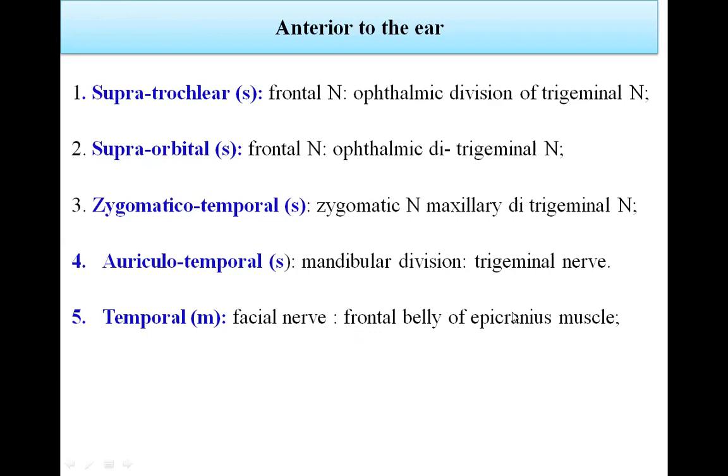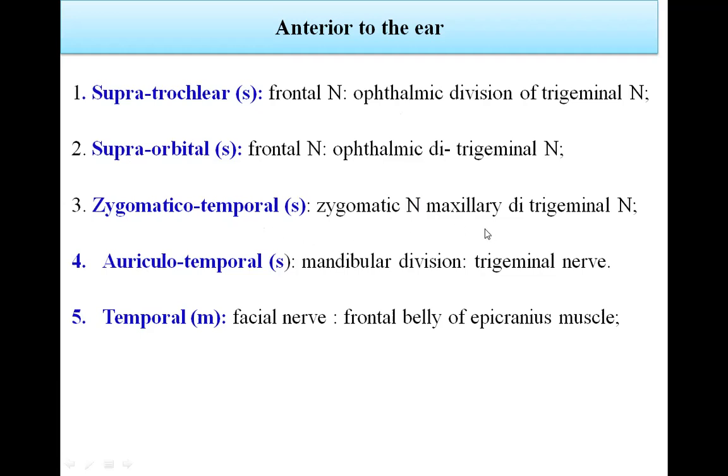So anterior to the ear, the scalp is supplied by four sensory nerves: supratrochlear, supraorbital, zygomaticotemporal, and auriculotemporal nerves, which are branches from various divisions of the trigeminal nerve. The supratrochlear is a branch of the ophthalmic division, and the supraorbital is also a branch of the ophthalmic division of the trigeminal nerve.